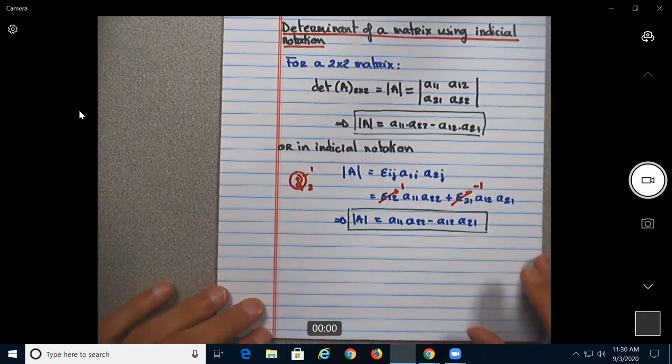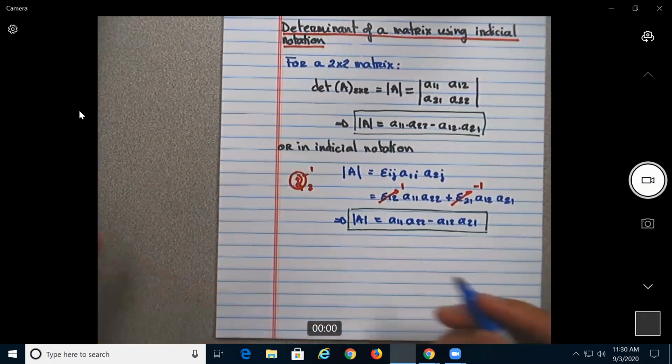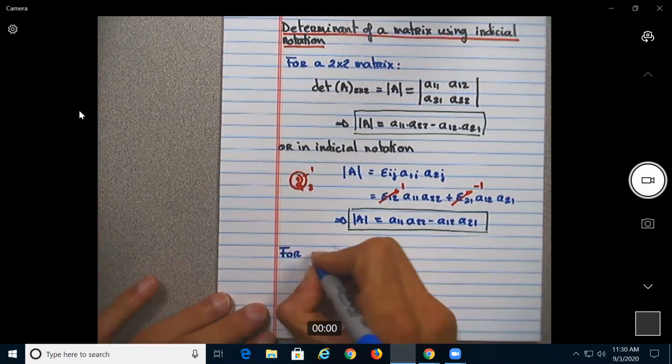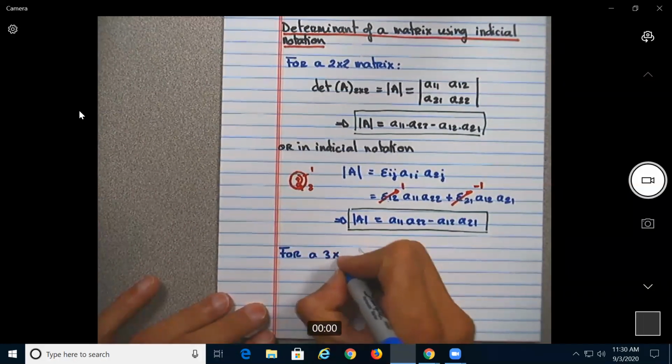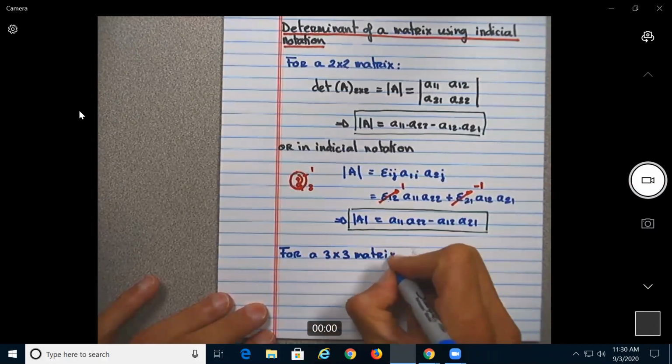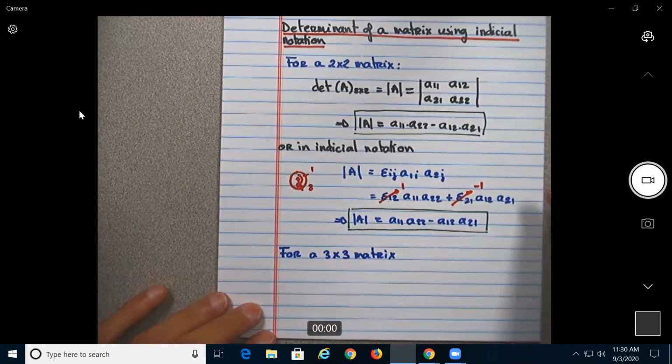Okay, so we did the 2 by 2 matrix. So let's say now for a 3 by 3 matrix. Basically, we should have something similar.